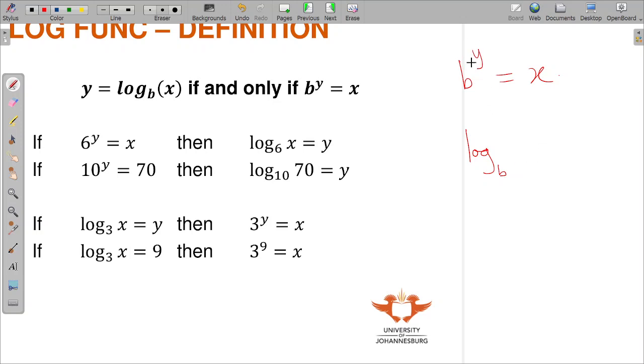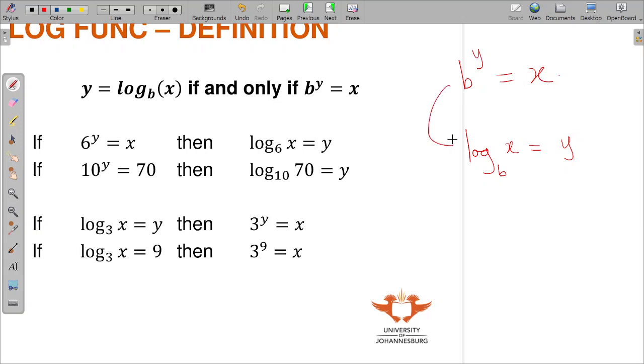The power or exponent in the exponential function becomes what is on the other side of the equal sign in the logarithm function. So this x, which is on the other side of the equal sign, will now be the log. Now we have log x to base b equals y, while here we have b raised to the power y equals x.